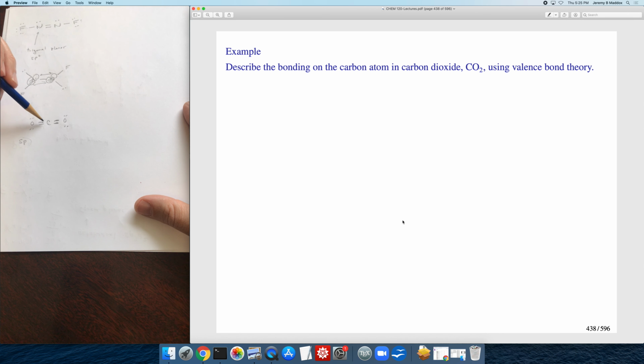Likewise, for this bond here, we would have another unhybridized p orbital on carbon overlapping with the p orbital on oxygen. Okay, so that's the nature of the bonds here. We have two sigma bonds involving the sp hybrids, and then the second bond in each double bond would be a pi-type bond involving unhybridized p orbitals on carbon.